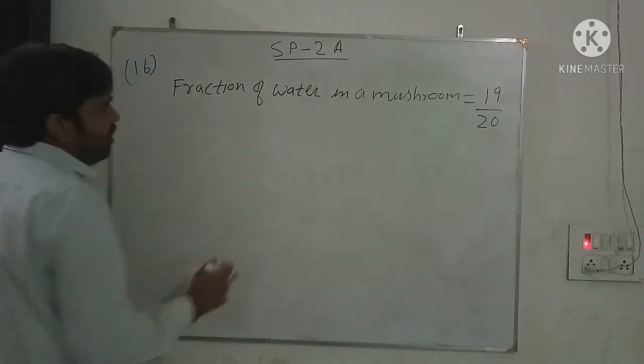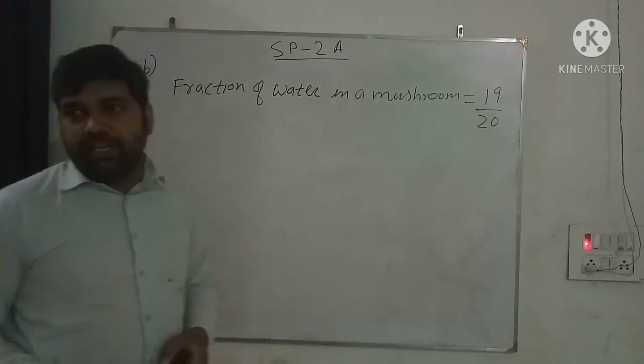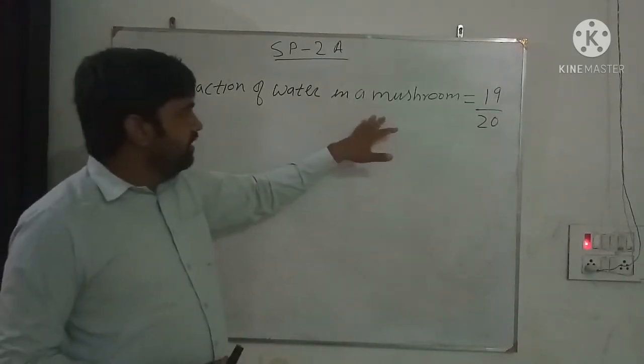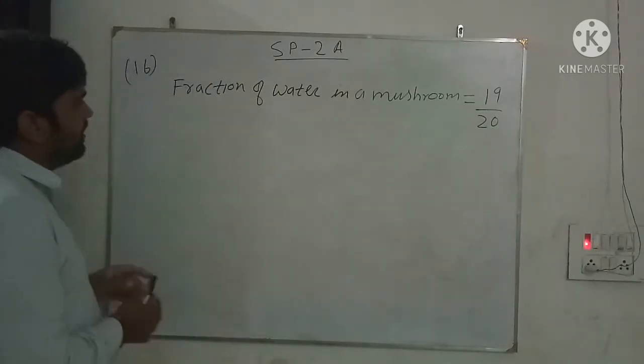So the full whole is called 1. A mushroom is represented by a whole number, that is called 1. So let the total whole be represented by 1.